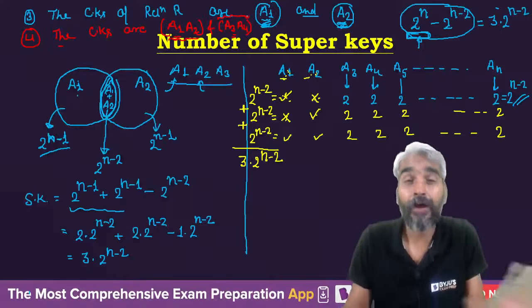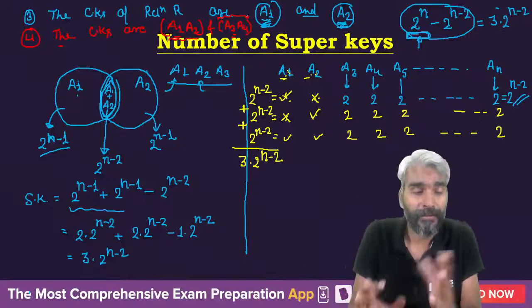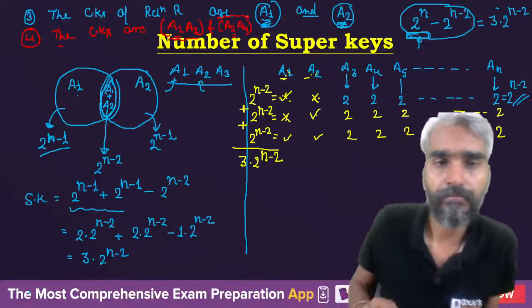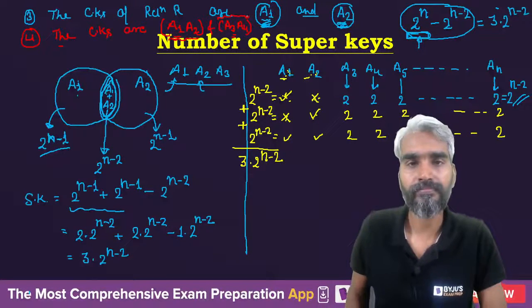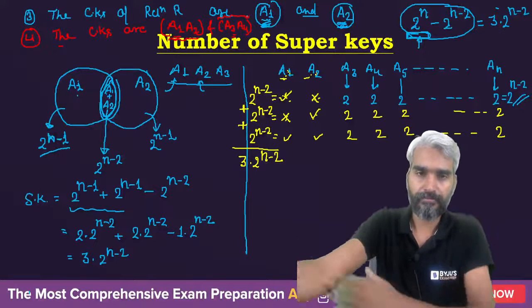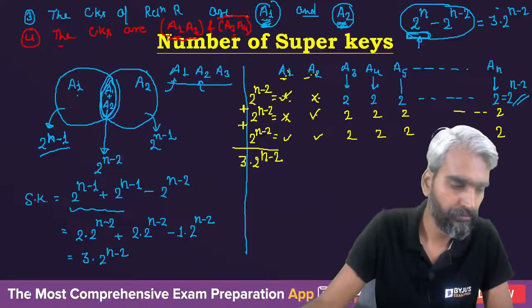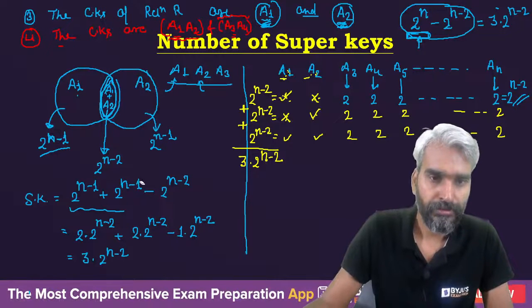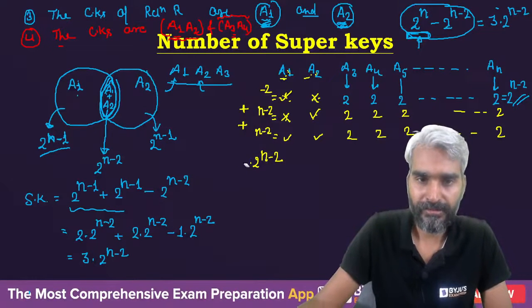So I'm asking, how many super keys will be there in this situation? You try calculating this.